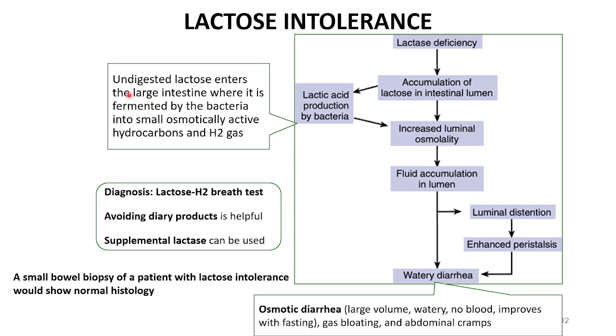Also, lactose that stays there is fermented by the bacteria present in the intestines. When bacteria ferment lactose, they produce a lot of hydrogen. Hydrogen, being a gas, can cross membranes easily, because membranes are lipid bilayers and can be easily crossed by gases.